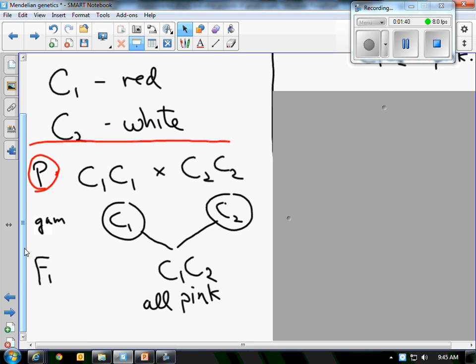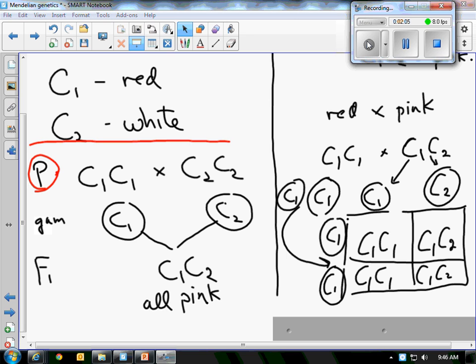Each parent can only possibly donate the C1 gamete or the C2 gamete, and all of the F1 will be pink. If you write both of them out on each side of a Punnett square, you're going to get 4 squares, and all of them will have C1, C2 in there. They'll all be pink.